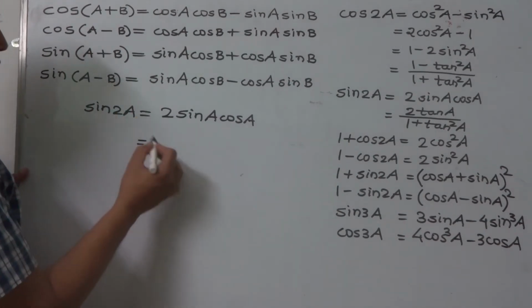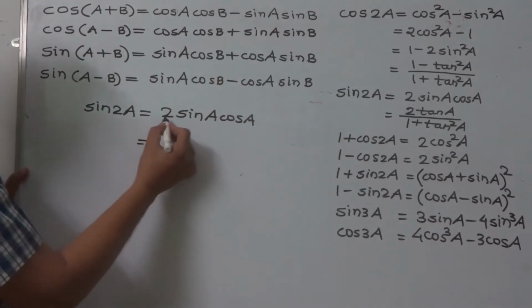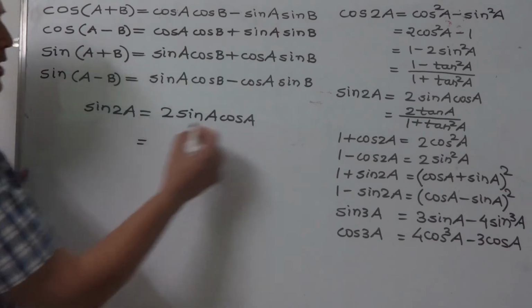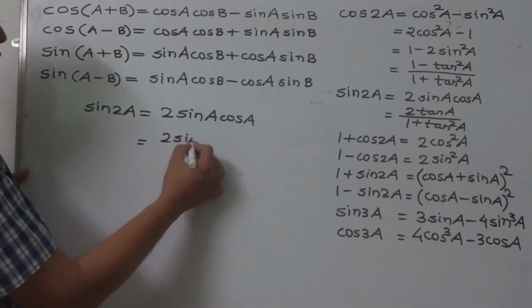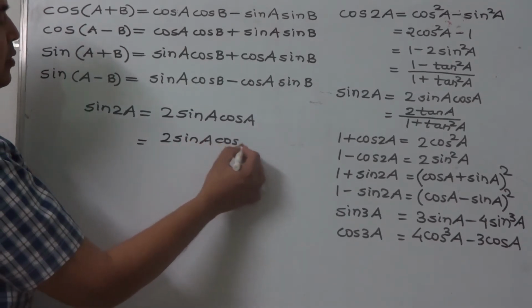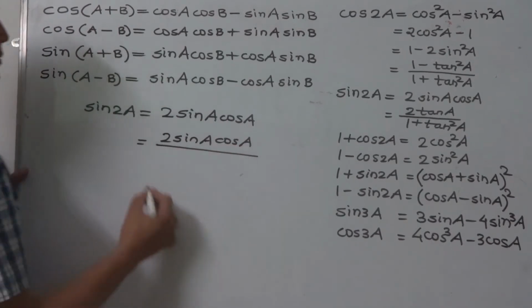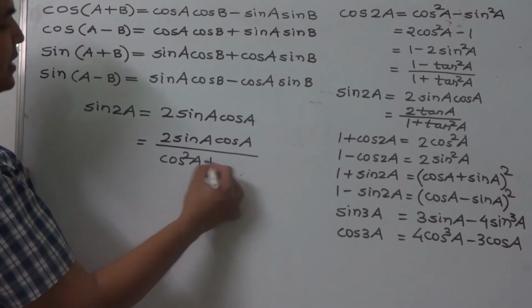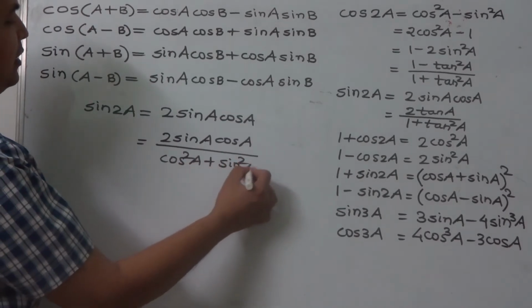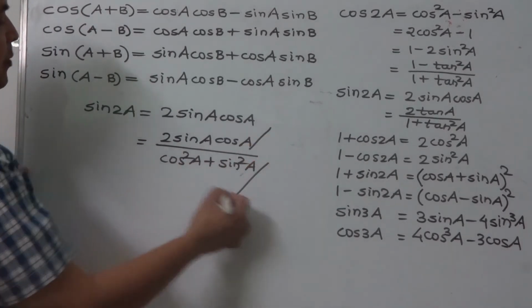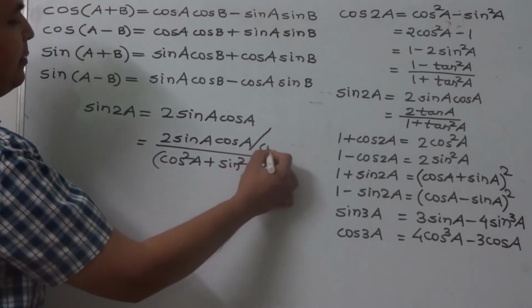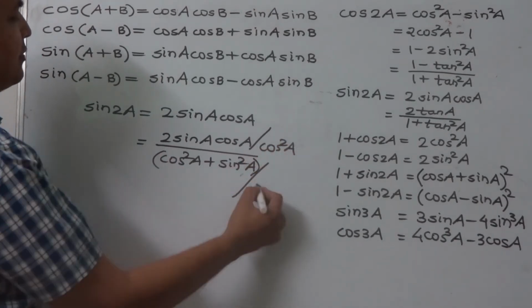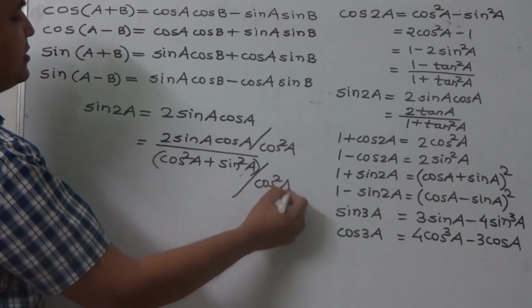Now for the second result, let us write this as 2 sin a cos a upon 1. And 1 can be written as again cos square a plus sin square a. Now to this numerator and denominator, each term we divide by cos square a and we get the next result.